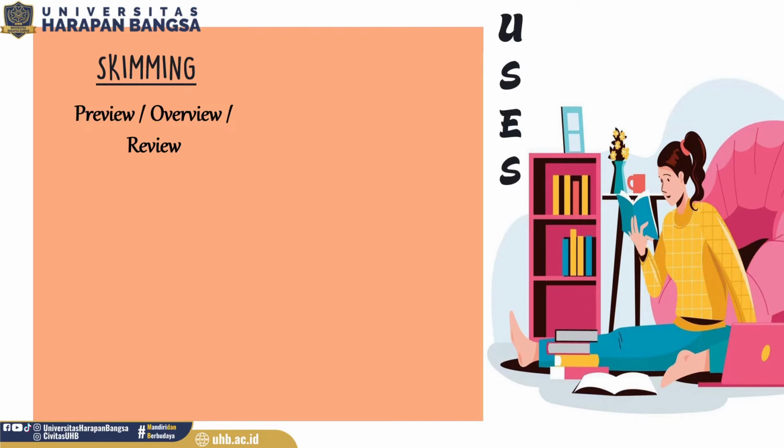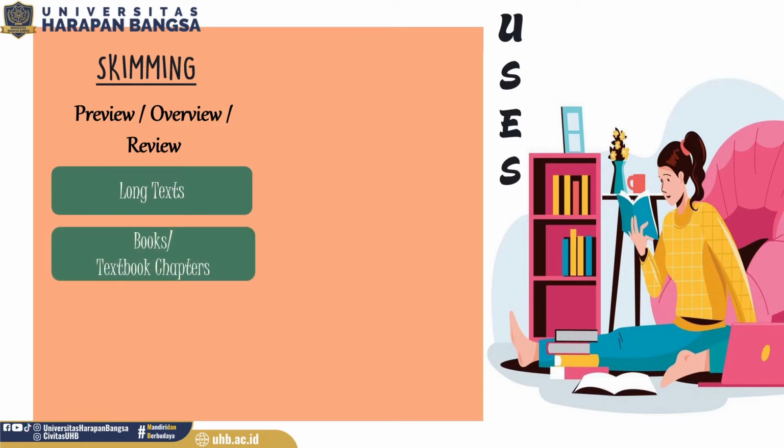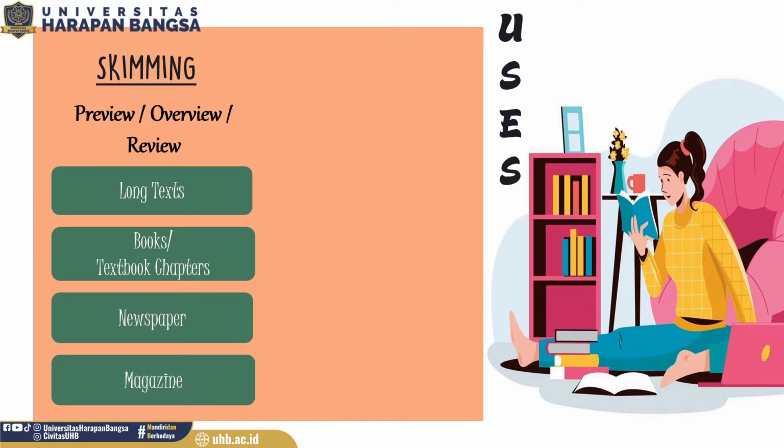And review means trying to remember many ideas and details clearly. So you can use skimming for long text, books or textbook chapters, newspaper, or magazine. Remember, here you find general information.